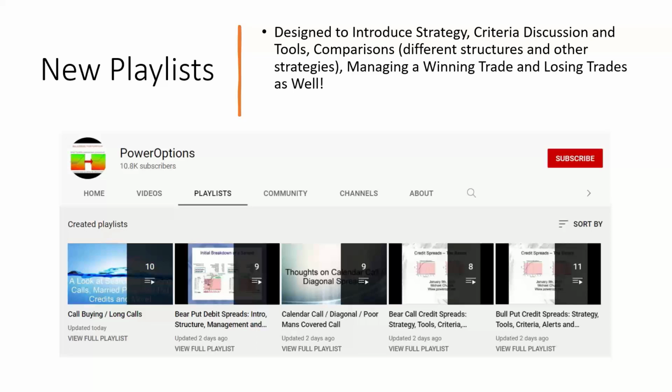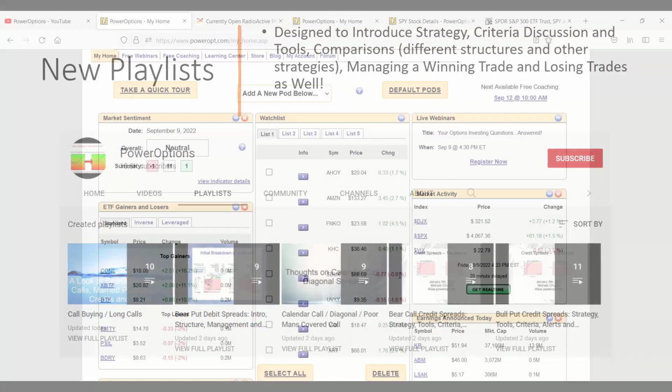We have playlists for about a dozen or so of the different strategies, and each playlist has about 9 or 10 videos in it where we walk through introduction of the strategy, criteria discussion that we use for identifying new positions in the strategy, the tools to use on power options, comparisons of different structures in the strategy and also to other trades, and of course, how to manage a winning trade in your strategy. Most importantly, how to manage a losing trade in that particular strategy as well. So there's a lot of information there that you can get to.